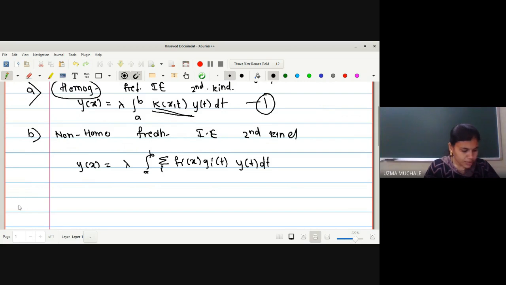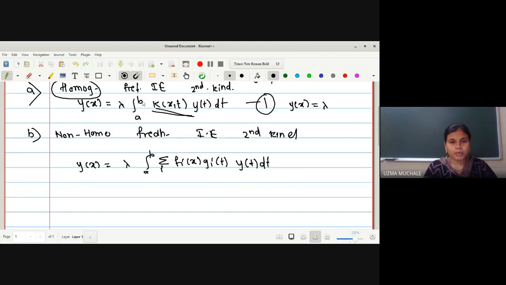Now, this equation 1 always has an obvious solution. Can anyone tell me what will be an obvious solution for equation 1? Okay. What I can do is write y of x is equal to lambda times this integration.